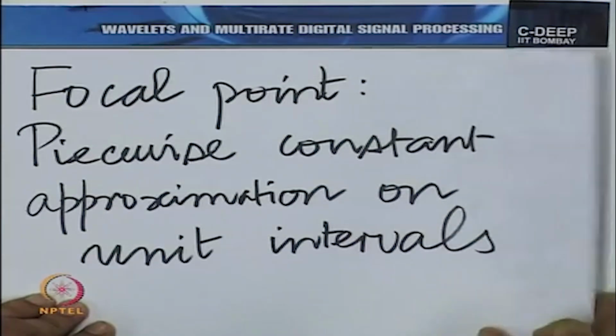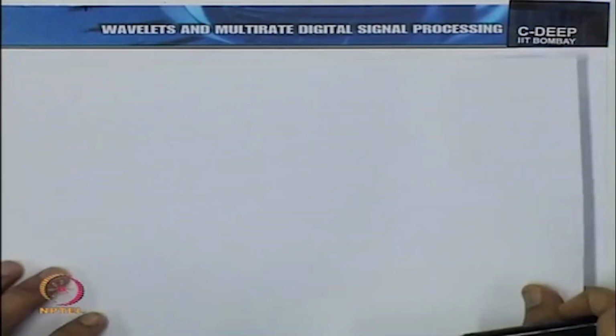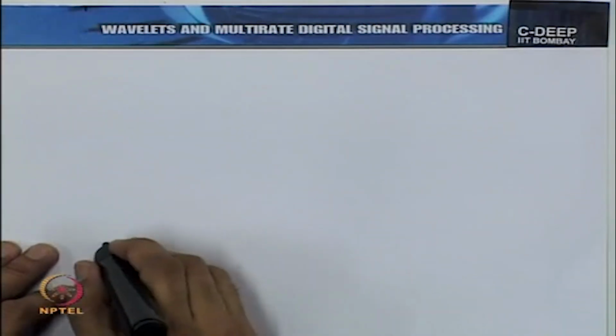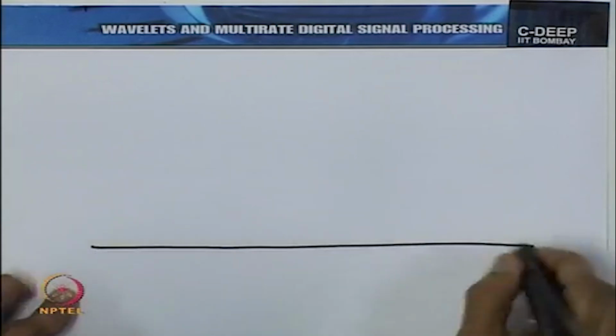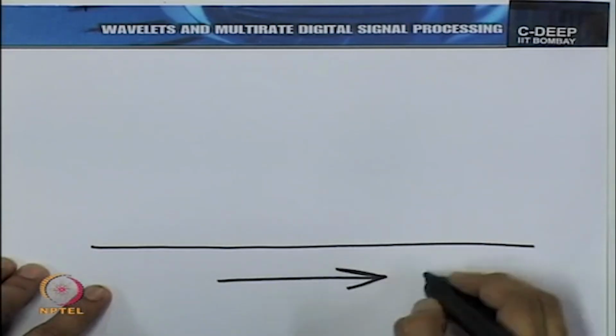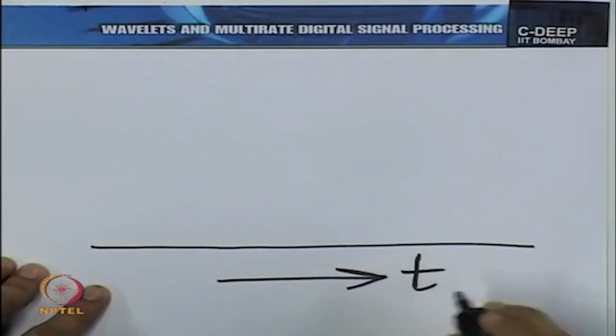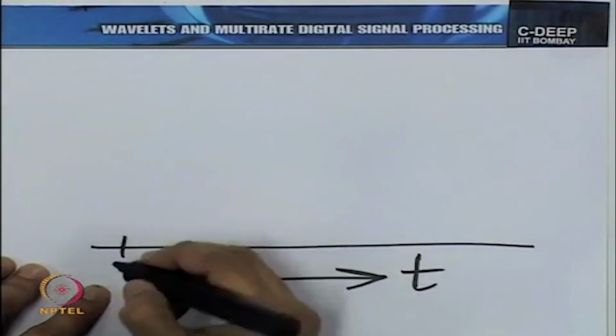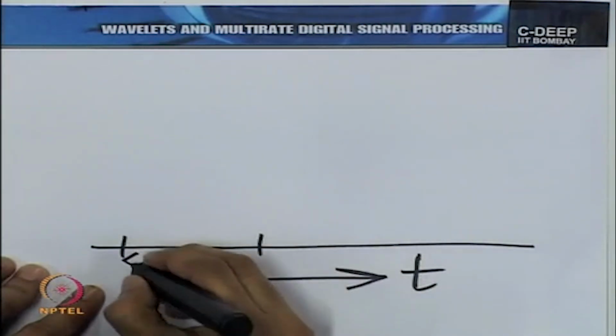And let us sketch this to explain it better. What we are saying is, you have this independent variable, again without any loss of generality, let that independent variable be t. You have unit intervals on this.